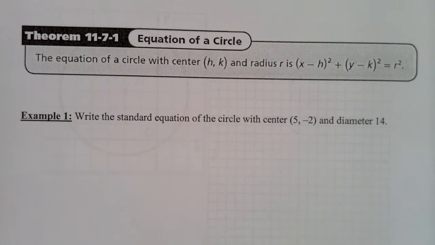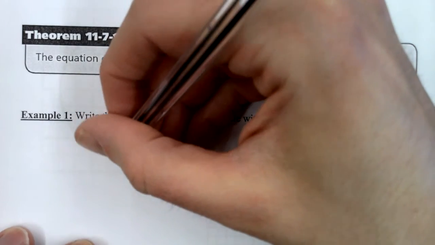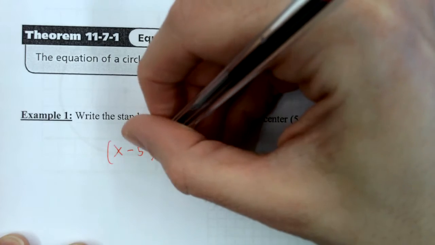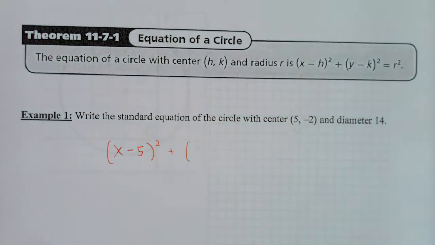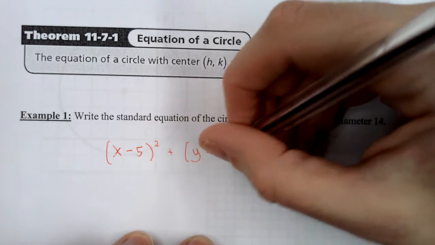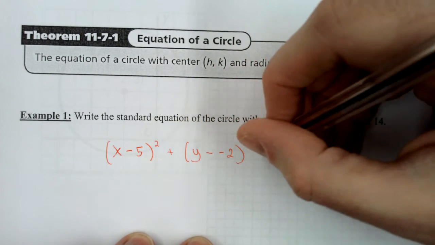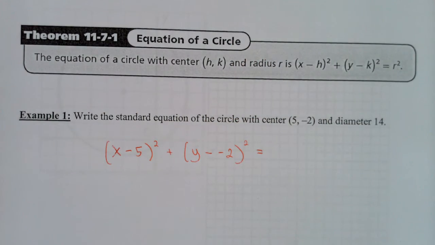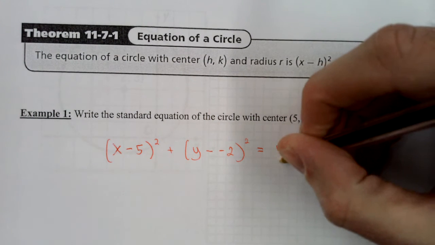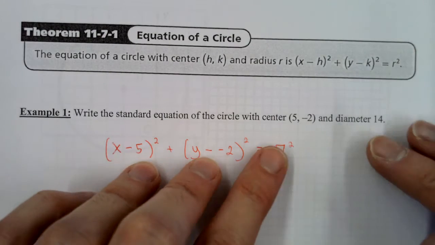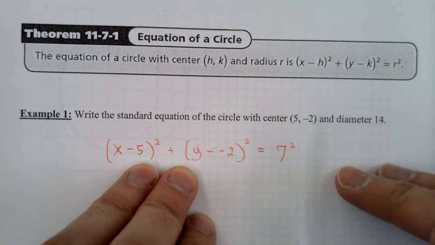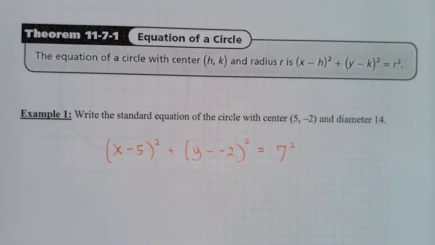We're really doing x minus 5 squared plus y minus negative 2 squared equals the radius squared. The radius is 7 because the diameter is 14. Now, you don't have to write that step out, but I'm just doing it to show you.